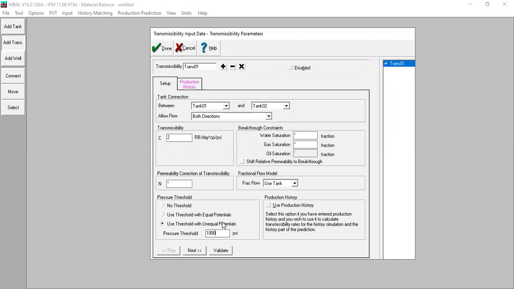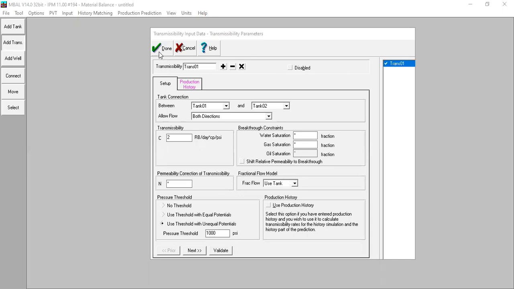In other words, after the reservoir pressure in tank 1 drops as much as 1000 psi, then tank 2 will be activated and it will support the pressure in tank 1. So the threshold is 1000.